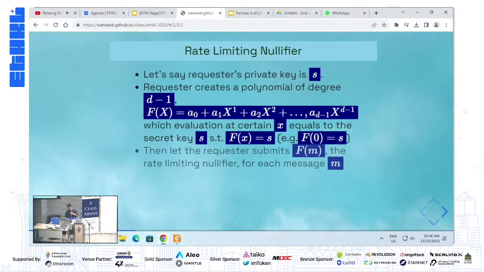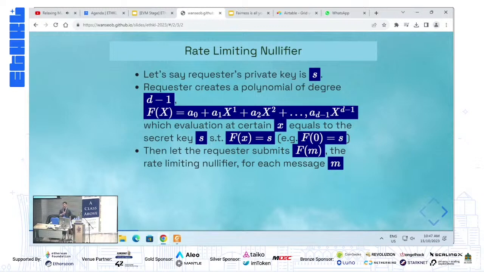And then when the requester requests something from the server, let's make the requester submit f(m), where m is the message, maybe the hash of the message, every time. Then what will happen?